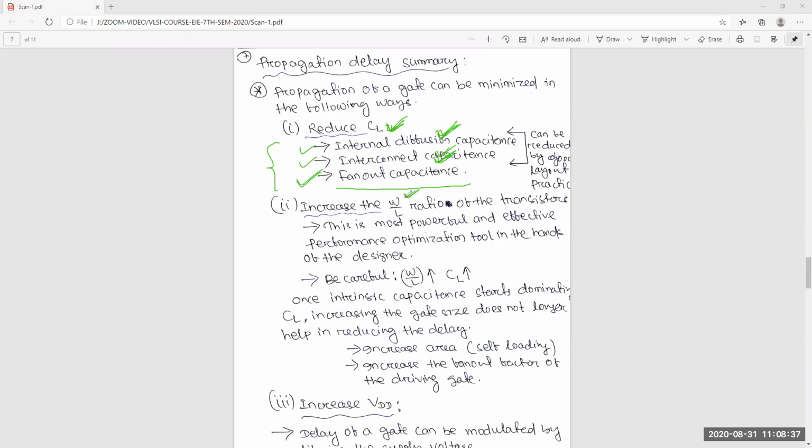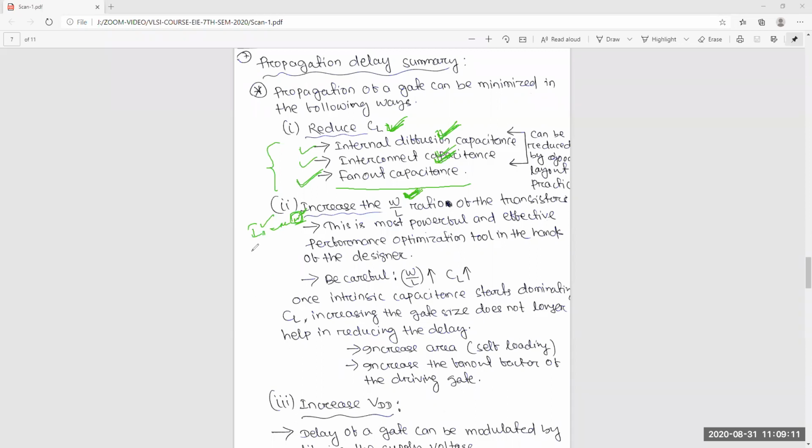Okay, this is actually the most powerful thing in a designer's hand. If you increase the W/L ratio, then we can speed up the device, because in the I equation, mu Cox W/L, the current is directly proportional to W. So if W increases, your current will increase.